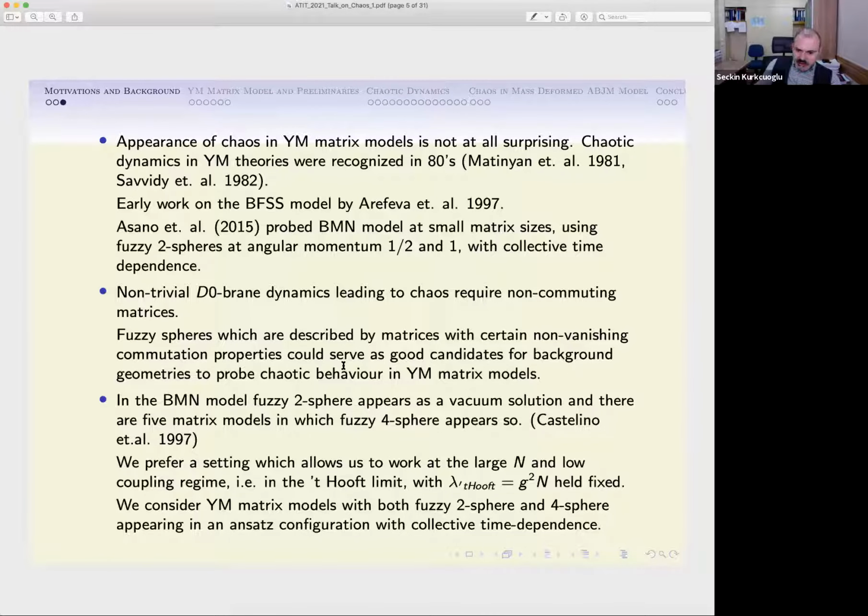So these are further remarks that I just wanted to list here, because while we are looking at this mass deformed Yang-Mills matrix model, we will introduce an ansatz configuration which will involve these fuzzy spheres of dimension 2 and 4 with some collective time dependence in order to get some effective Hamiltonians to probe chaotic dynamics. So if you are just hearing for the first time what a fuzzy sphere is, don't worry about it. It's just a set of matrices, which we will trace upon. So you don't have to worry.